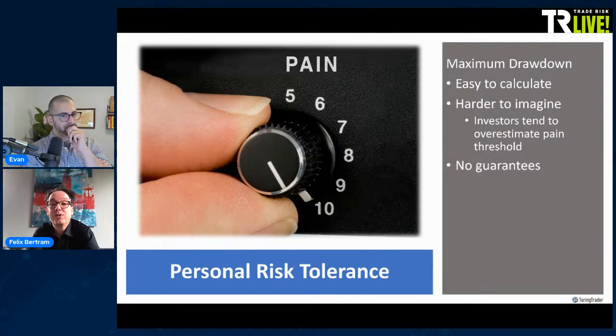And the other part that's really wrong with the maximal drawdown is there are no guarantees. It's the maximum drawdown so far, but we have no idea what the probability of this is, how far out on the tails this drawdown that we've seen from our backtest or the historical data has been. And so it is really hard to quantify that, to create a confidence interval around that.